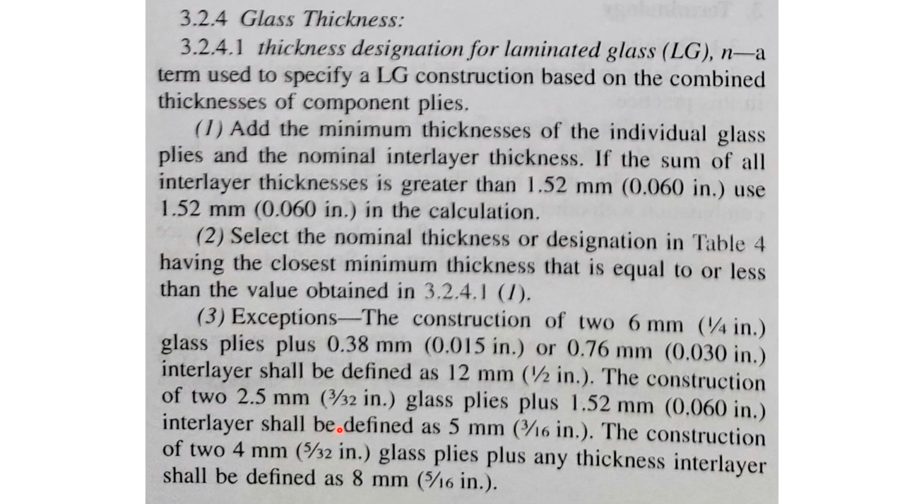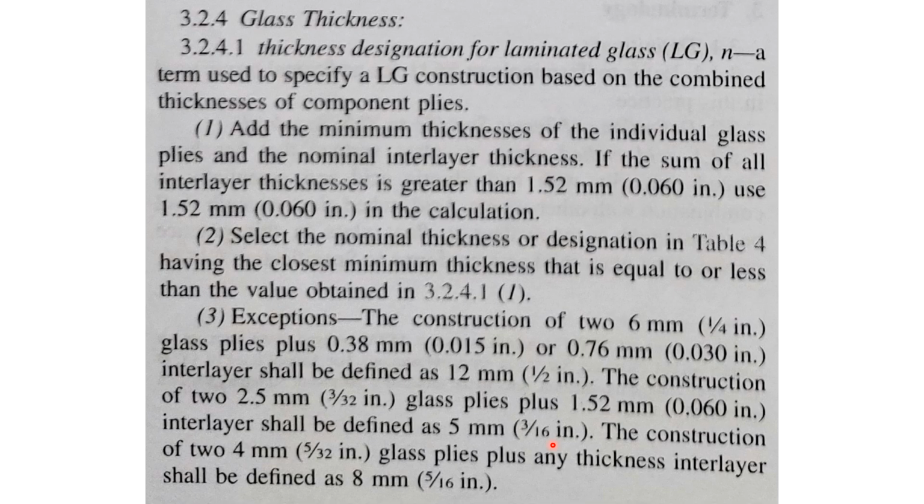The construction of 2 3/32 glass plies plus a 60 thousandths of an inch interlayer shall be defined as 3/16. Okay, yeah, it just depends. In these very common types of thicknesses, they're not going to worry about adding in the interlayer.